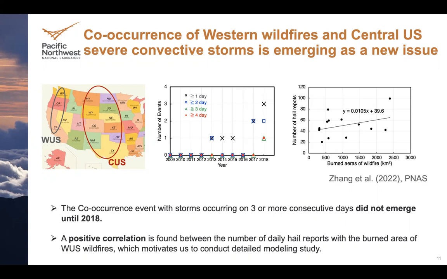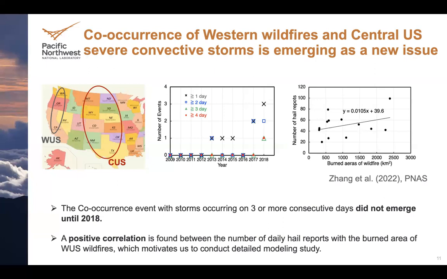And in another way, we found a positive correlation between the number of daily hail reports and the burn area of the Western wildfires.